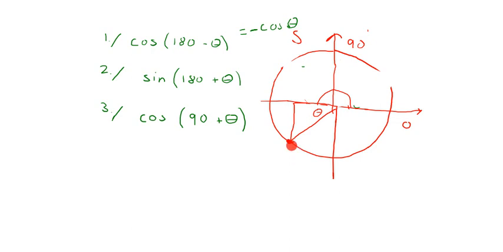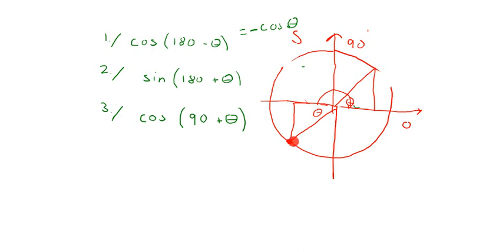All right, final one. Cos of 90 plus theta. You've probably realized that I've been going from the horizontal axis, the x-axis, previously, but now I'm going to be going from the y-axis.